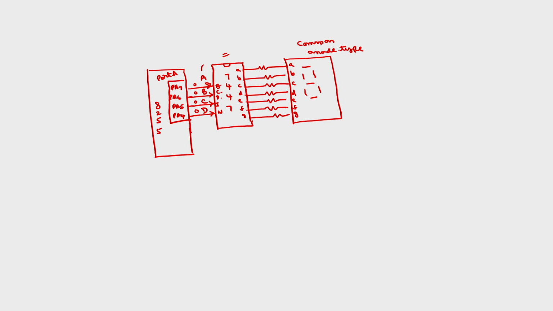For the common anode type, as you have discussed in the previous slide, to display 0, what is the code? C0H. Of course, the common point has to be connected, but we are not considering it here.